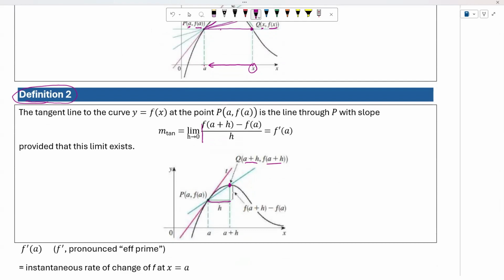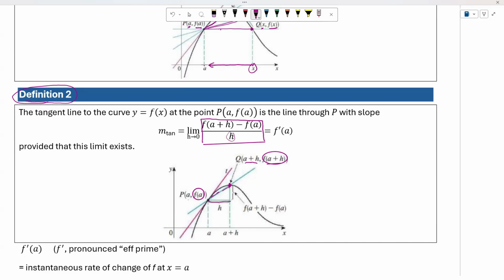Again, let's talk about this expression right here. You will see that f of a plus h minus f of a over a plus h minus a is this one, which is the slope of the secant line between point P and point Q.